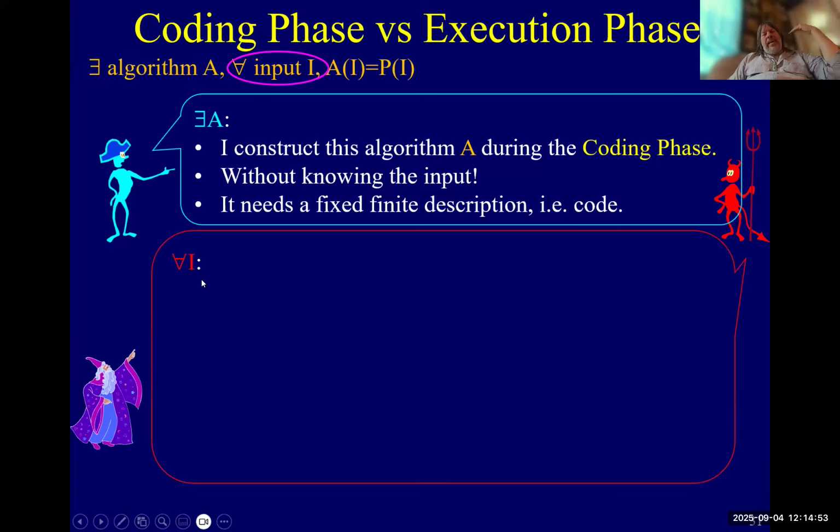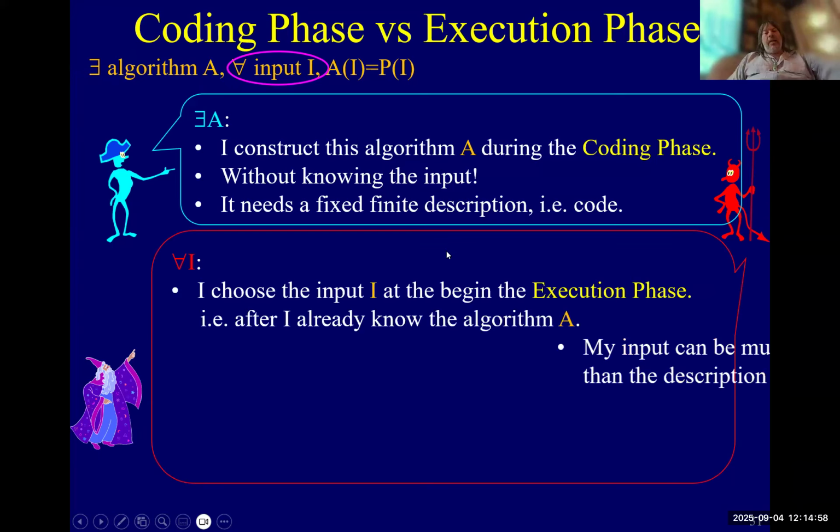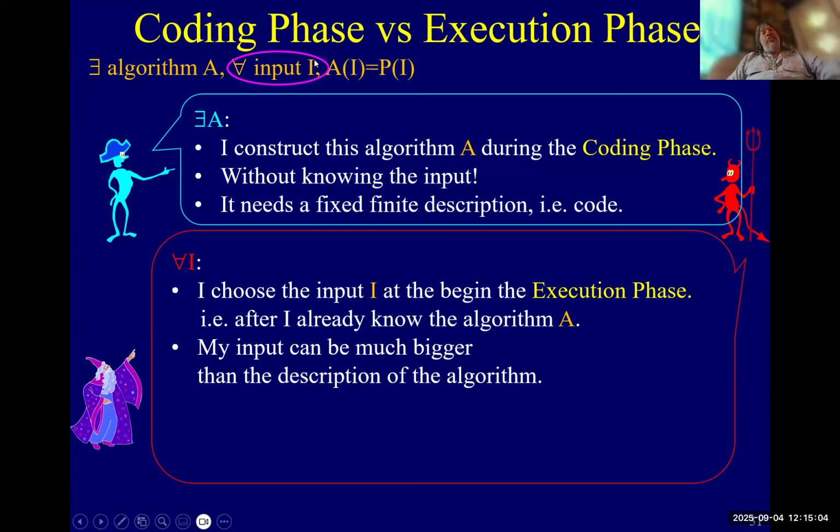And then the input knows the algorithm, and because it knows the algorithm, we can assume that the input is going to be bigger and scarier than the algorithm. The game here is you can come up with a bigger and fancier and harder to compute algorithm that takes more space to write down. But the adversary knows your algorithm and can come up with a bigger and scarier input than your algorithm.